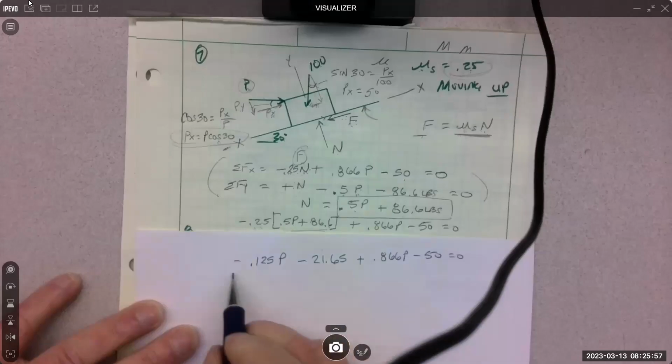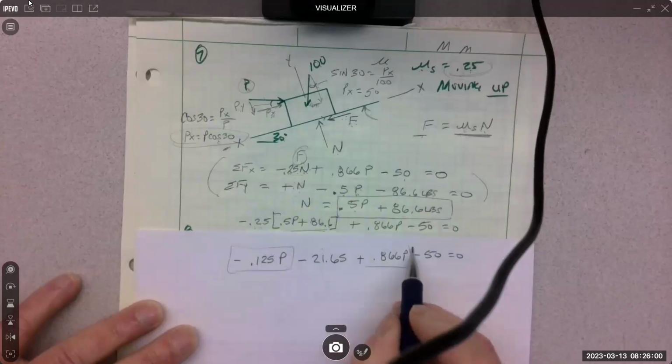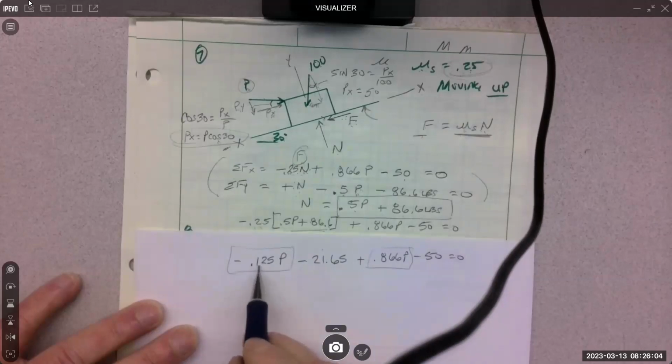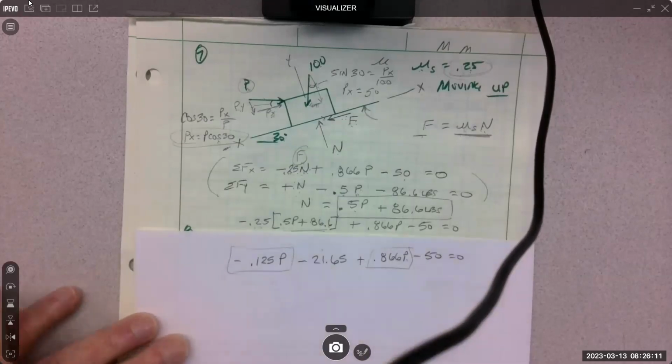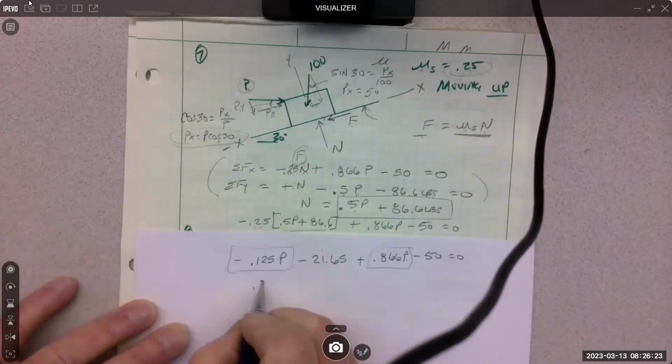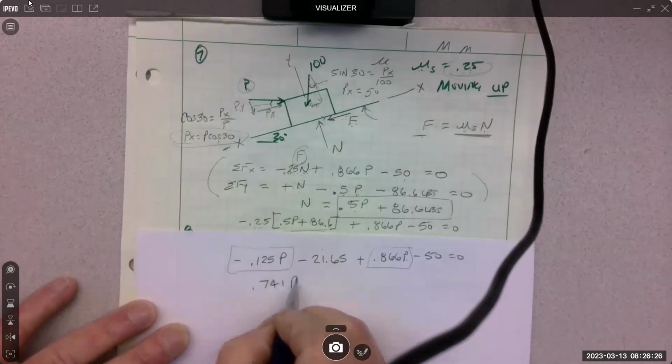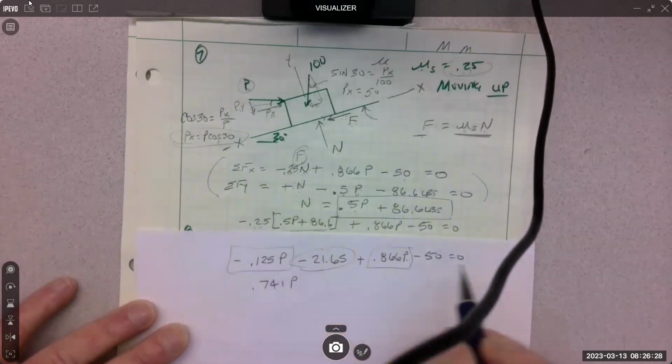So then you have these P statements, we can combine those. We have a negative 0.125 P and a plus 0.866 P. When those get combined, it looks like it is 0.741 P. And then these can get combined, the minus 50 and the 21.